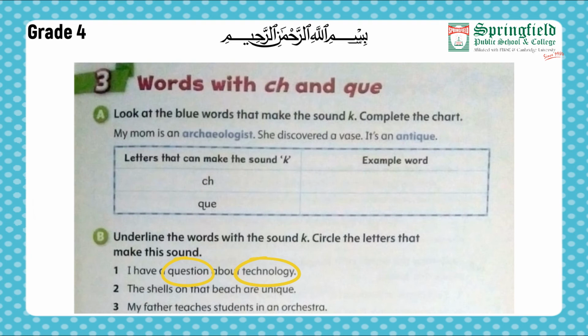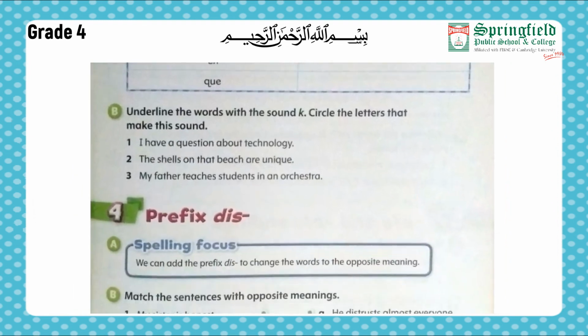Alright, because the word question is giving the sound of K and the word technology is giving the sound of K as well. And then the letters QUE are giving the sound of K and the letters CH are giving the sound of K as well. In the same way, you have to do 2 and 3. You have to read the sentence, circle the word which is giving the sound of K, and then the letters which are making the sound of K as well. I hope that you will be able to do this easily.